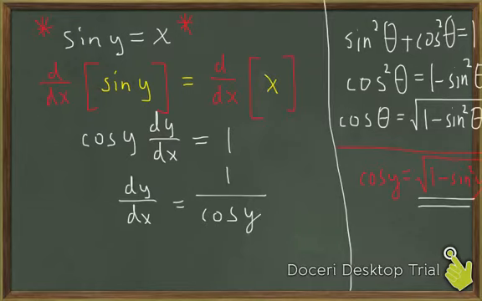Let me write that a little clearer: cosine y equals the square root of 1 minus the sine y value squared. Sine squared y is the sine y value squared.